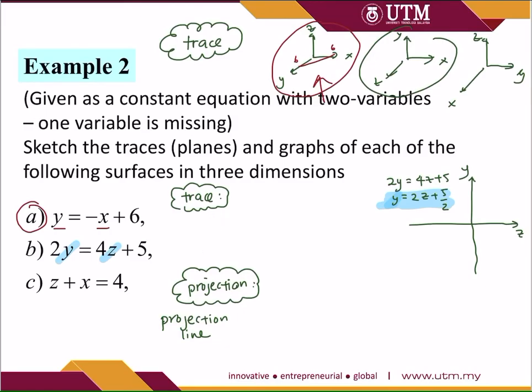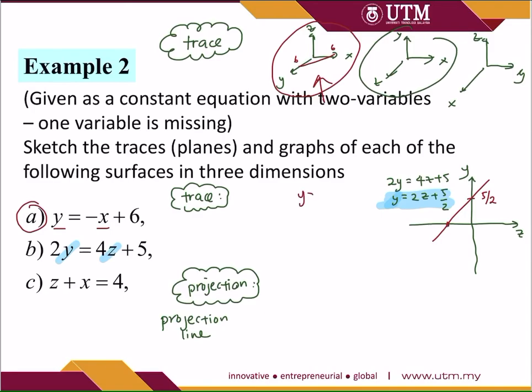Now you have y equal to 2z plus 5 over 2. You know that it will be positive slope, so it will be here. It intersects at 5 over 2, so it will be here 5 over 2. Then down here you need to calculate for y equal to 0.